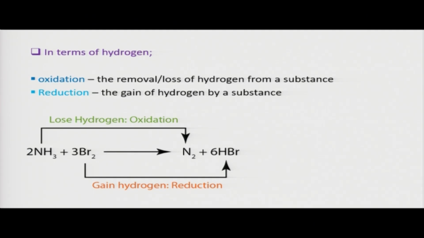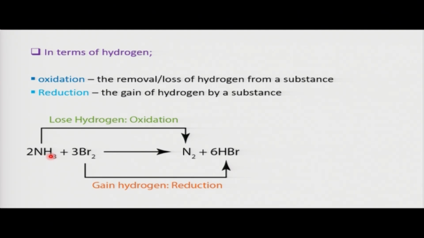You know ammonia, normally when you urinate and you keep urine in your house for a few hours, maybe 6, 7 hours, there is that smell of urine that comes up. That is the ammonia. Now, when you get that ammonia, maybe from the urine, and you react it with bromine, ammonia loses hydrogen to form nitrogen, and bromine takes hydrogen from ammonia.